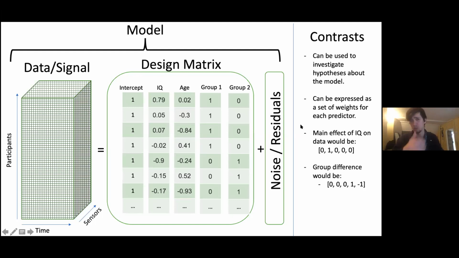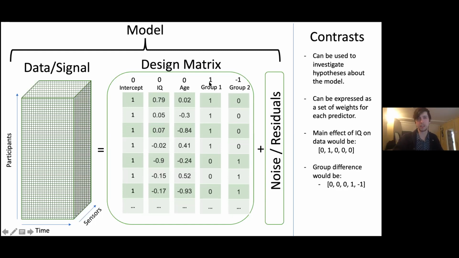You could also look at a group difference, and then your contrast would look like this. So you have zeros for those regressors, and then a minus one for group 2, and a +1 for group 1. And this is why having these separate group regressors is helpful, because you can look at direction.